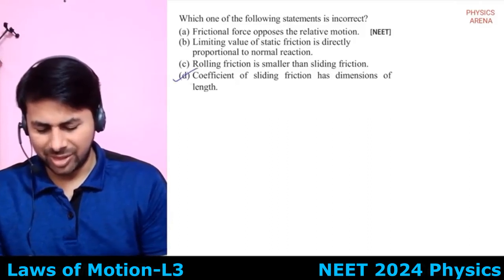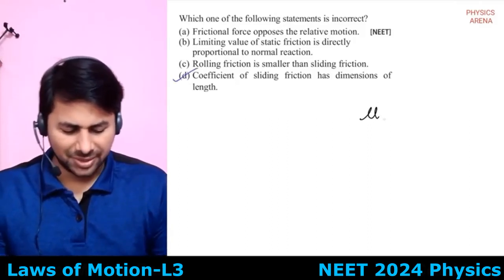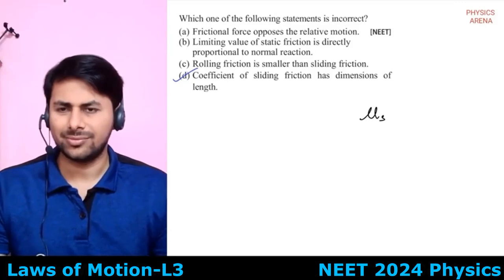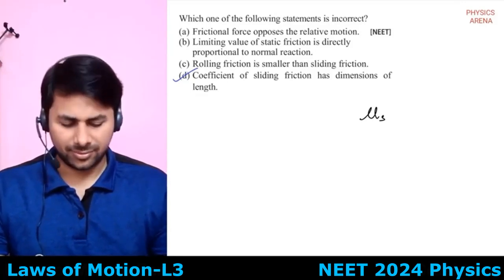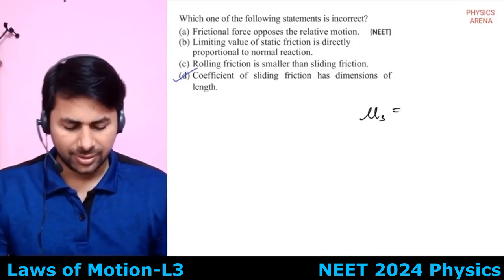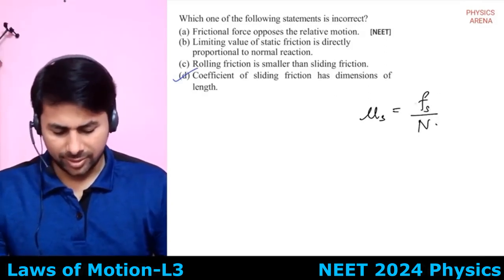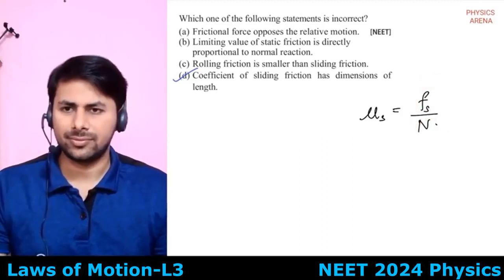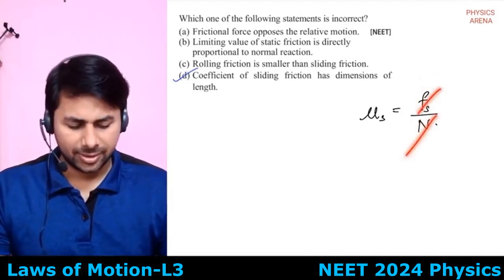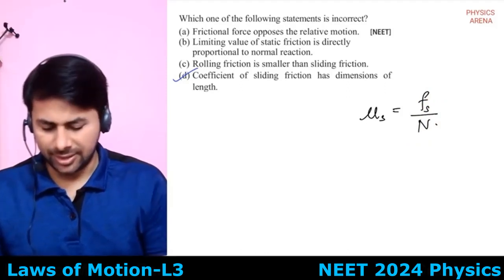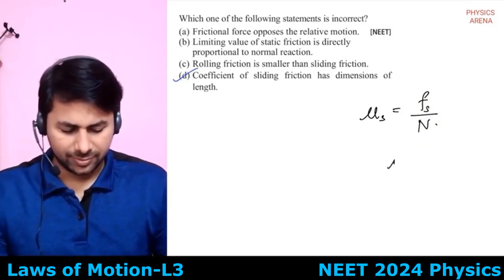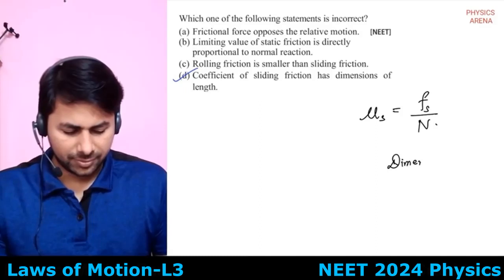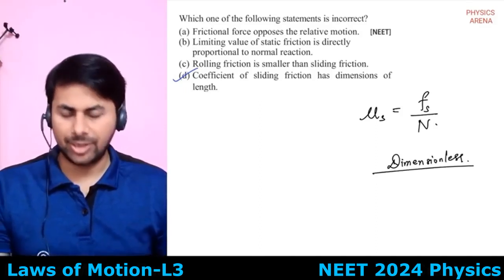What is the dimension of the coefficient of static or kinetic friction? It is Fs divided by normal reaction. This is a force and this is also a force, so the dimensions cancel out. It is dimensionless.